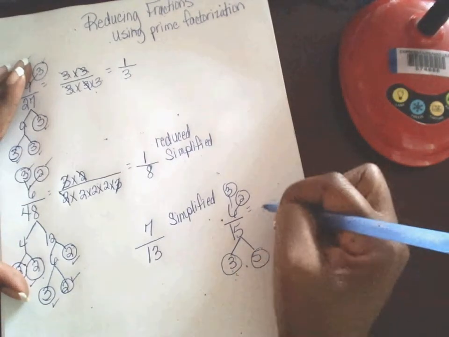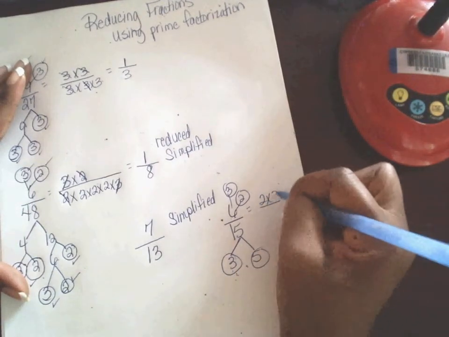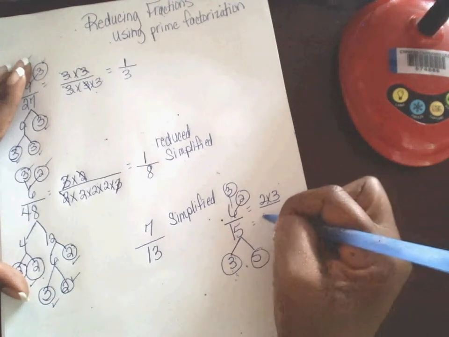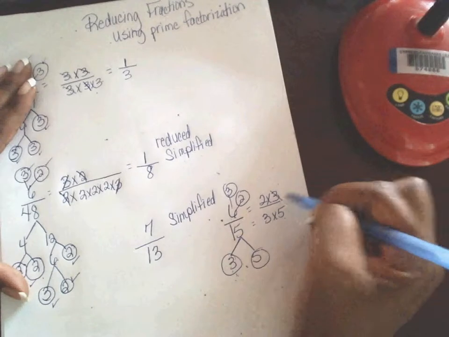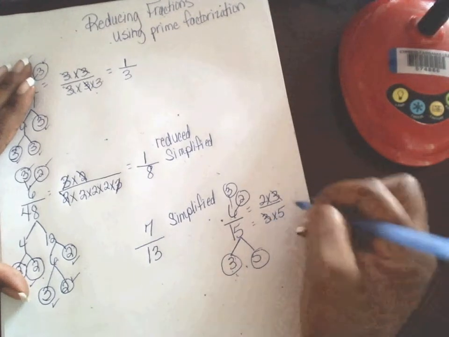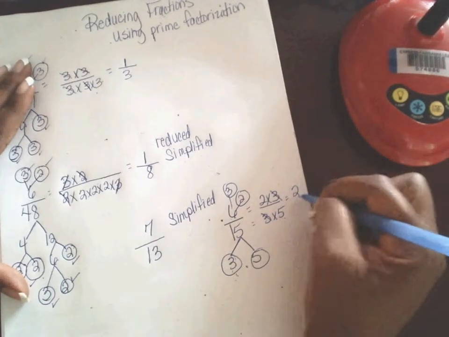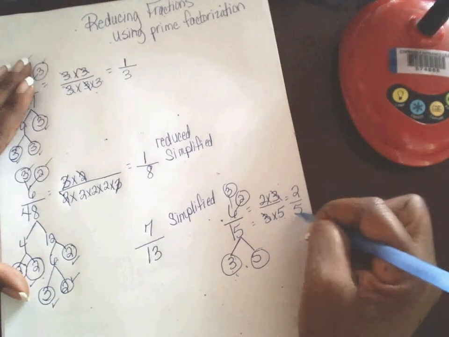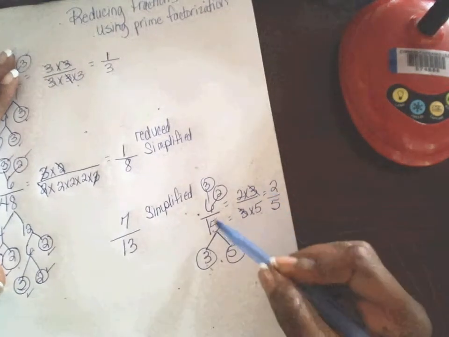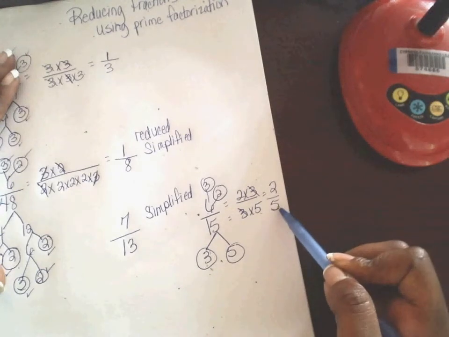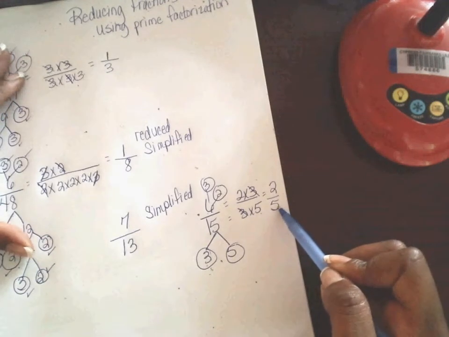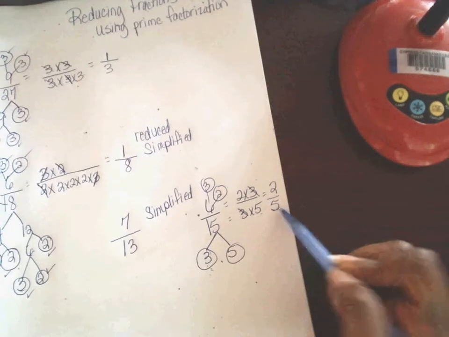Okay? Both of those are prime numbers. So 2 times 3 equals 6. And 3 times 5 equals 15. I can divide out a 3. I can divide out a 3. And what I have left is 2 on the top and then 5 at the bottom. So your new fraction, 6/15 reduced, is 2/5.